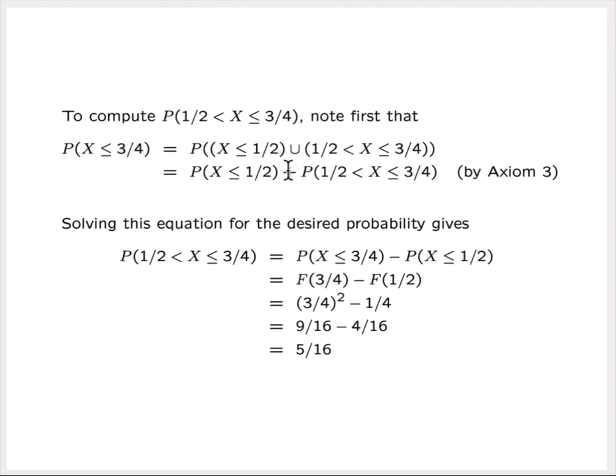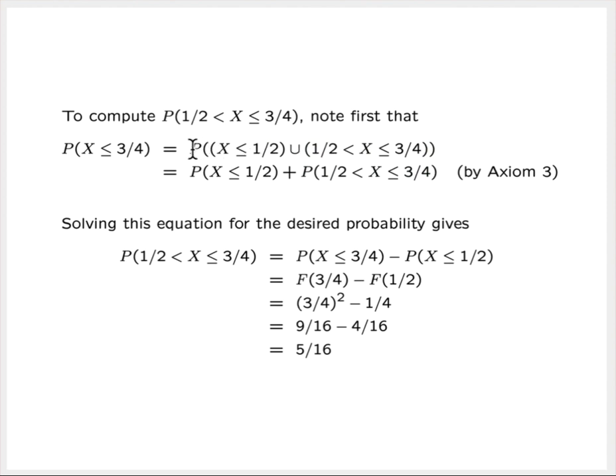Now, the reason that this is helpful is because we have the union of disjoint events. You would agree that these two events, the event that x is less than or equal to 1/2 and the event that x is greater than 1/2 but less than or equal to 3/4, are mutually exclusive. They're disjoint.